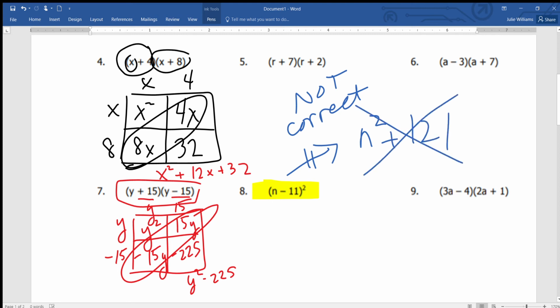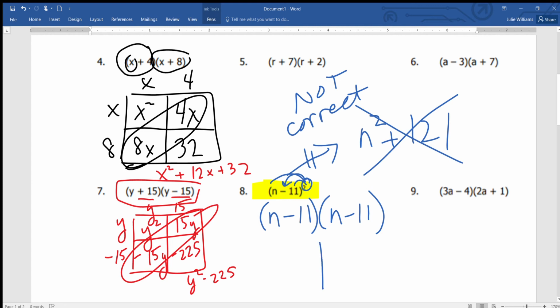No. You're not just squaring each of these. That's not what that exponent rule says. N minus 11, that whole quantity is squared, and what that means is that's n minus 11 times n minus 11. That's what the square means, that there are two of these whole expressions being multiplied together. That's super, super important.